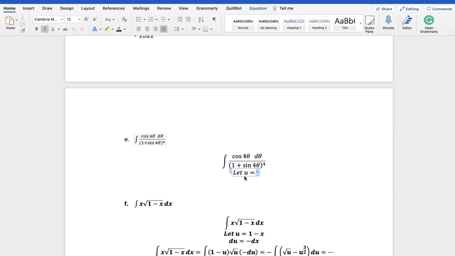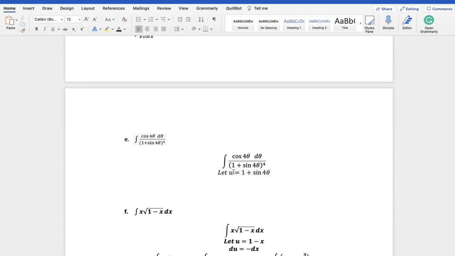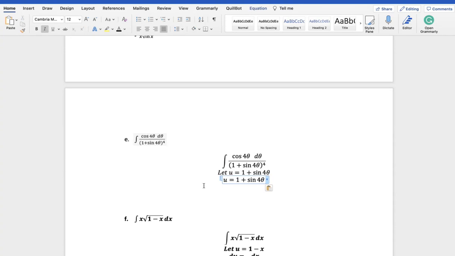1 plus sine 4 theta, basically. Okay, so that's a good suggestion. Let's try that and see what it gives us. So if you let u is equal to 1 plus sine 4 theta, then du is therefore equal to the derivative of 1 is 0, and the derivative of sine is cos.